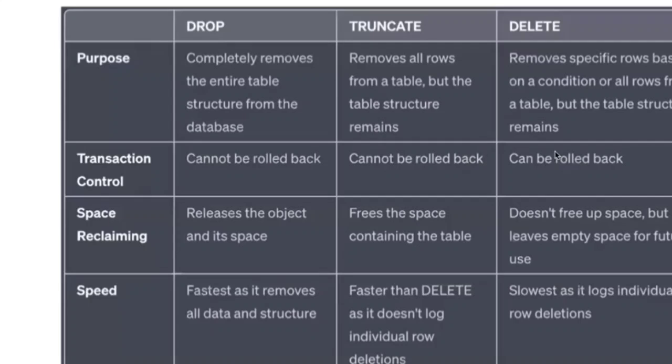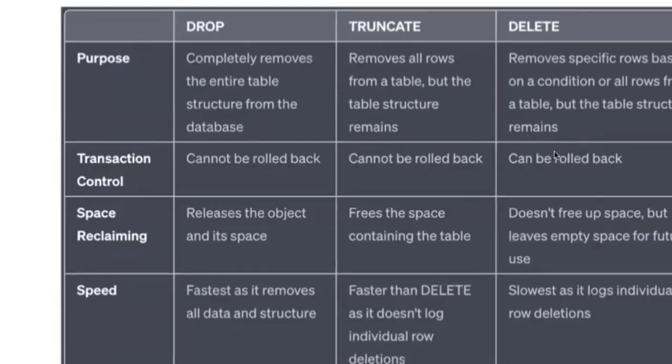And when you do things based on transactions, all of it is written in the logs, your write-ahead logs. Once things are in the write-ahead logs, then if you have executed the delete command and have not run the commit command, you can definitely put in a rollback statement and all the changes will go back to the previous consistent state, right? That is why delete can be rolled back, but the rest, drop and truncate, cannot be.